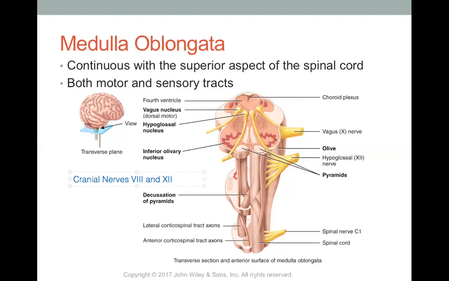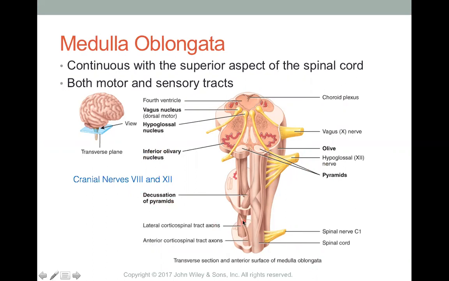The structural regions of the medulla include the pyramids and the inferior olivary nucleus. So here you see the inferior olivary nucleus, and then we are showing the pyramids. Decussation of the pyramids results when our neurons in the left cerebral cortex control the skeletal muscles on the right side of the body.